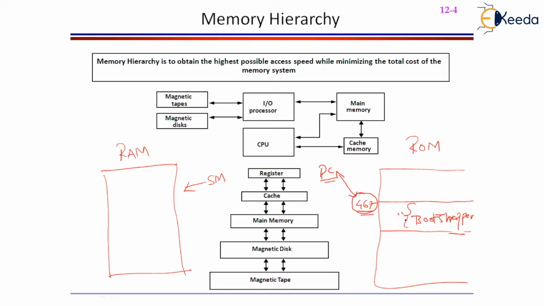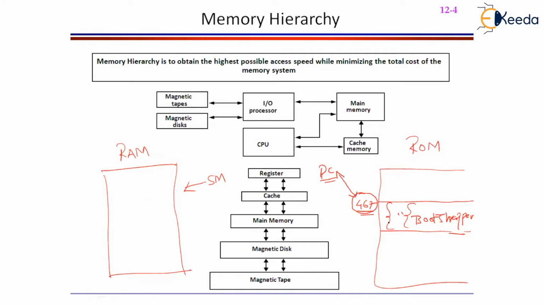As a first thing, the control will transfer the address of the first instruction of the Bootstrap loader to the program counter. When the program counter is loaded with the address, the instruction will start executing. That means the Bootstrap loader program will start its execution.